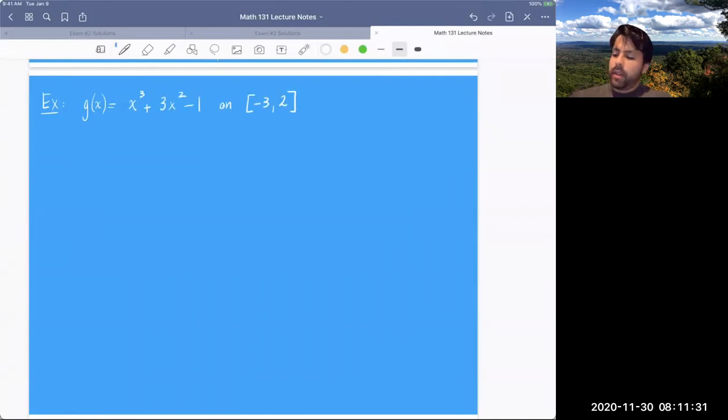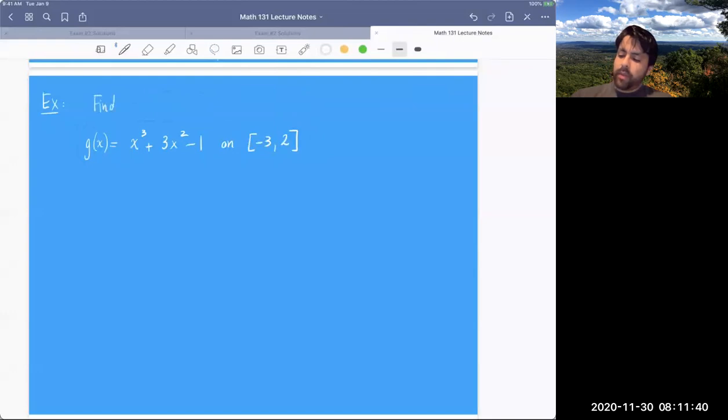So I want to find, again, the maximum and minimum values. Find the absolute maximum.